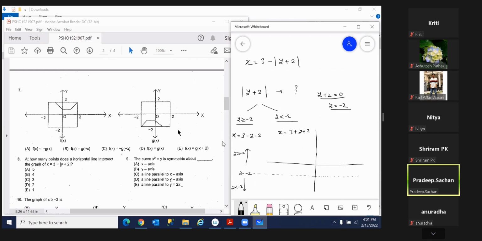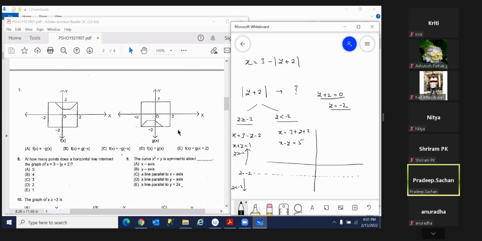Once I draw the function, then I can visualize that the horizontal line will cut my function at one point. Clear? Or any doubt on this question?